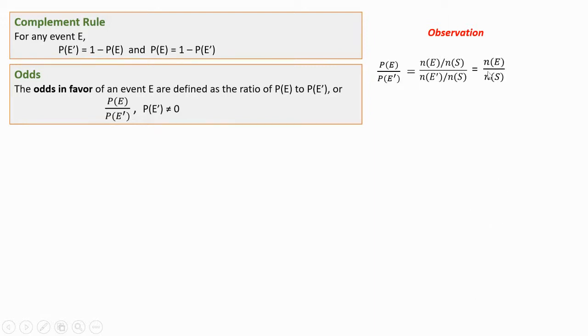Using basic algebra, N of E over N of S divided by the number of the complement of E over the sample space. So this division becomes multiplication and the second fraction you flip. The N of S goes in the numerator and the number of the complement of E goes in the denominator, so these cancel to 1. You're left with the formula right there. That's why this is your formula.